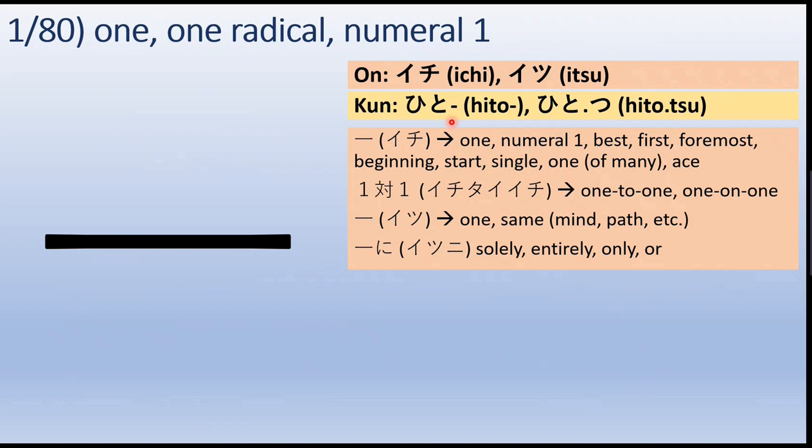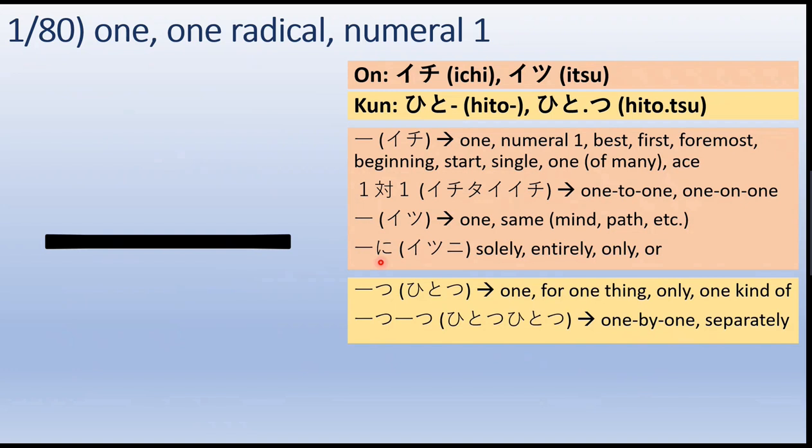The first one is ichi tai ichi, that means one to one or one on one. We have ichi ni, which means solely, entirely, or only. Basically, this kanji means one or the numeral one, and this explanation is for the on'yomi reading.